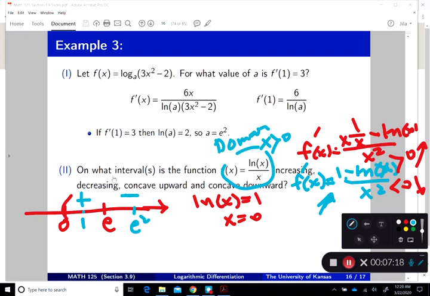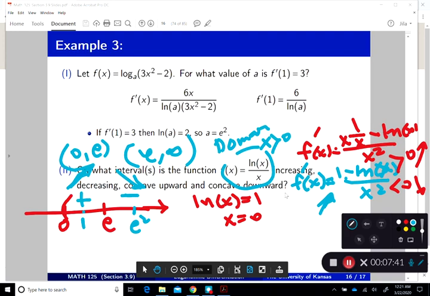And so here we're increasing, here we are decreasing. The interval of increasing is 0 to e. The interval of decreasing is e to infinity.